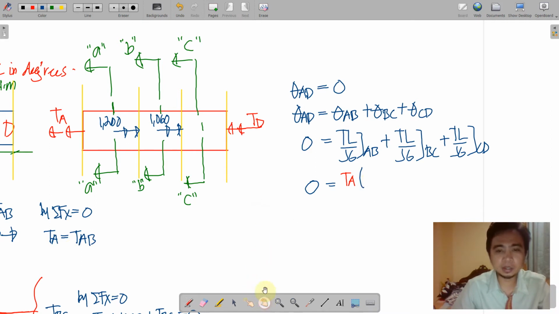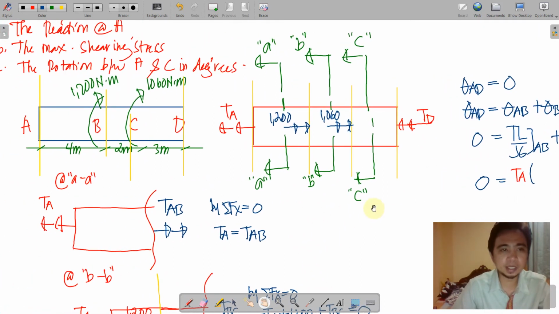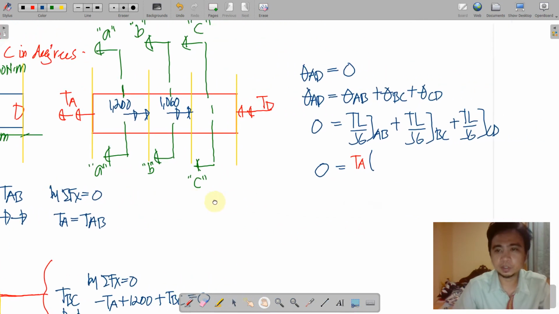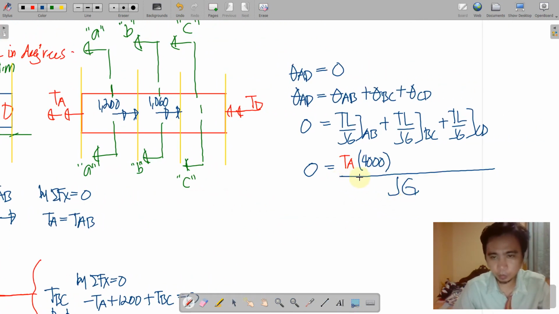And then the length of the segment AB is actually here. That is equivalent to 4,000. And by the way, we have a common value for JG because we have a constant cross-section over the whole length, as well as the same material, or homogeneous material, from A to D. So this denominator will just merge into 1.